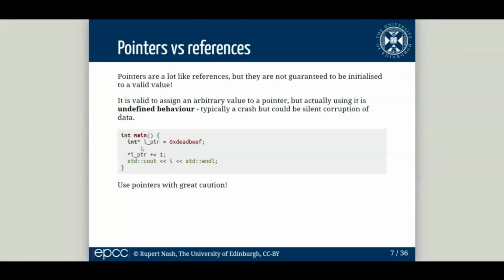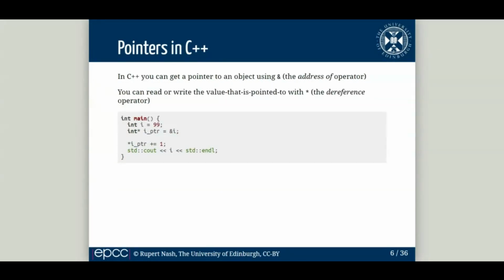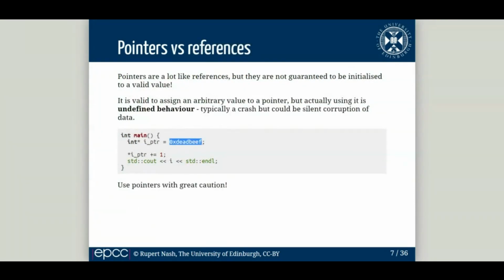What it says here is that, as you remember in the previous slide, we defined a pointer and we gave it a valid address. We said, okay, the variable I, give me the address. Fair enough. But we can also define, and you see here the format is hexadecimal, as addresses normally are, a random memory address. This is dangerous.